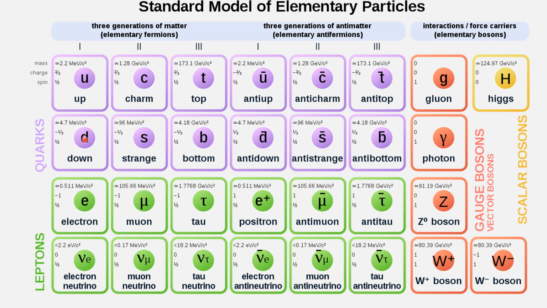These are nothing but the quarks, and the corresponding antiparticle for up is anti-up. For charm, it is anti-charm. In this way you can understand the various types of elementary particles and the combination of quarks which makes that particular elementary particle.